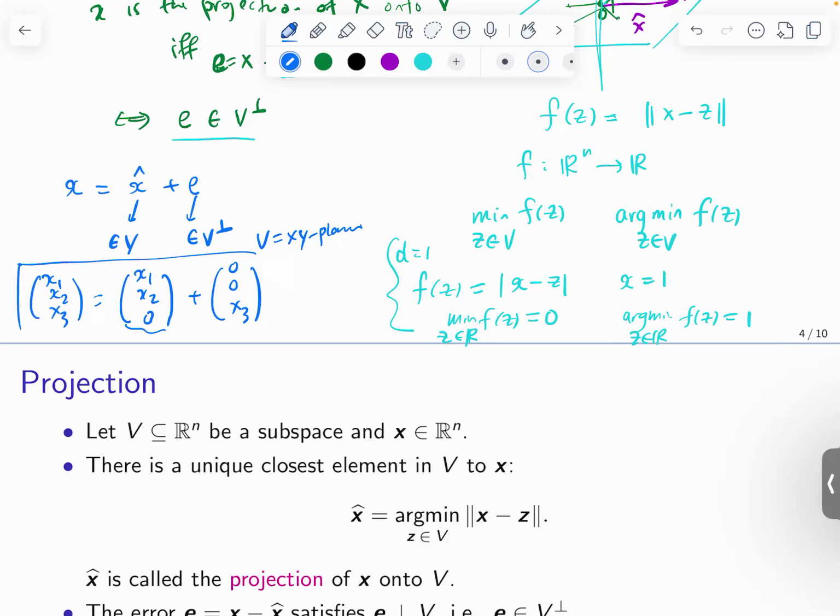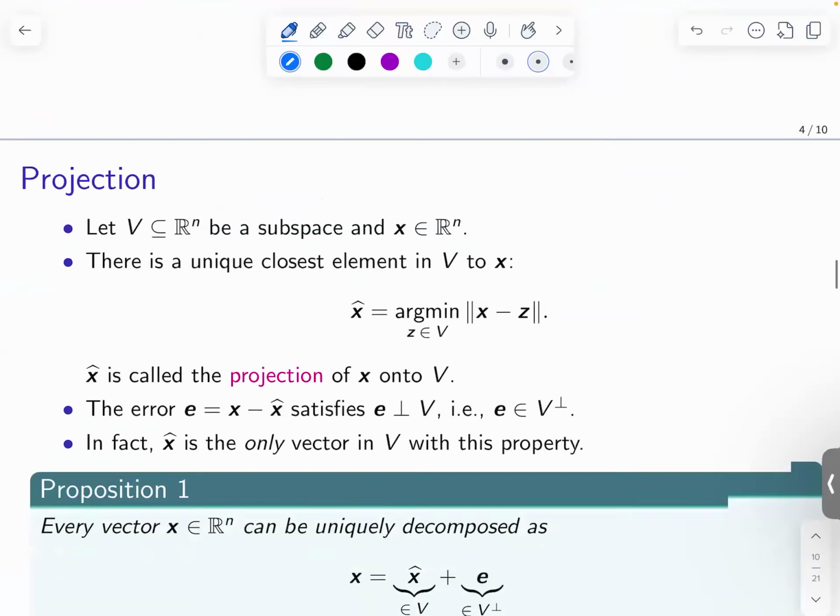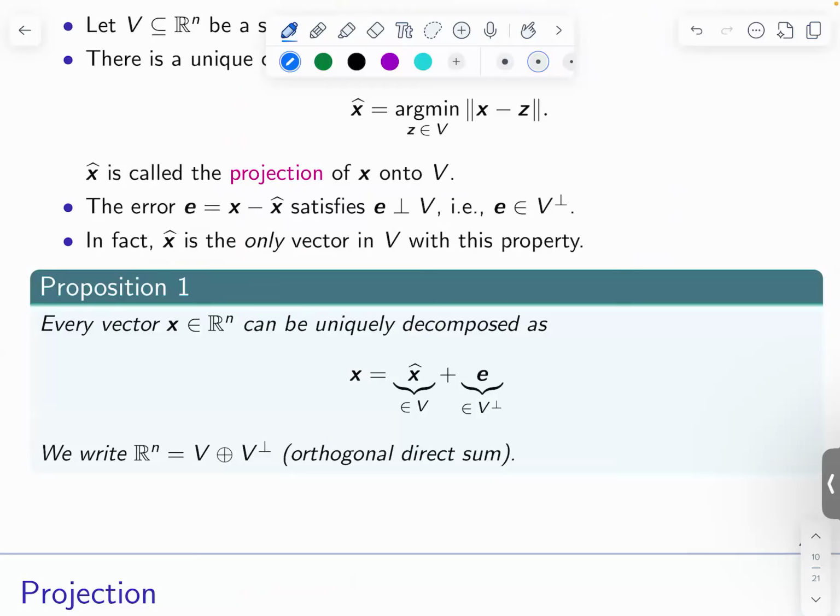So every subspace gives you a decomposition like that, and that's the result I summarized here. Every vector is uniquely decomposed into two pieces, one in V, which is the projection, and the other in V perp, which is the error. We write R^m as V, then a circle with a plus, then V perp. This is the abstract notation of linear algebra, so let's call it the orthogonal direct sum.